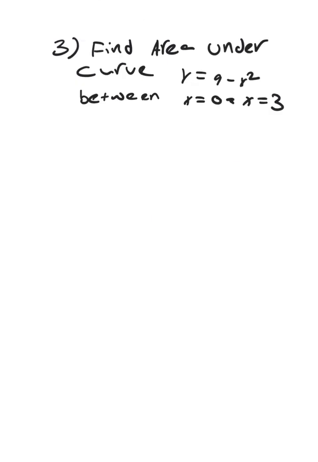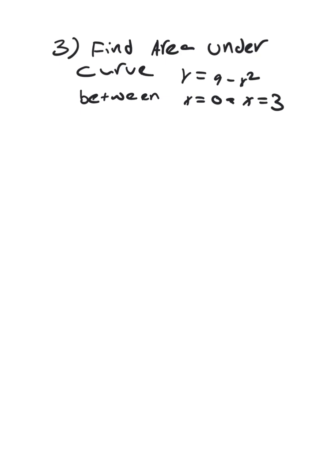Alright, last and final problem. Find the area under the curve y equals 9 minus x squared between x equals 0 and x equals 3. Okay, first let's understand the problem. The curve represents a function, which is a parabola opening downwards. The equation describes how y changes as x changes.